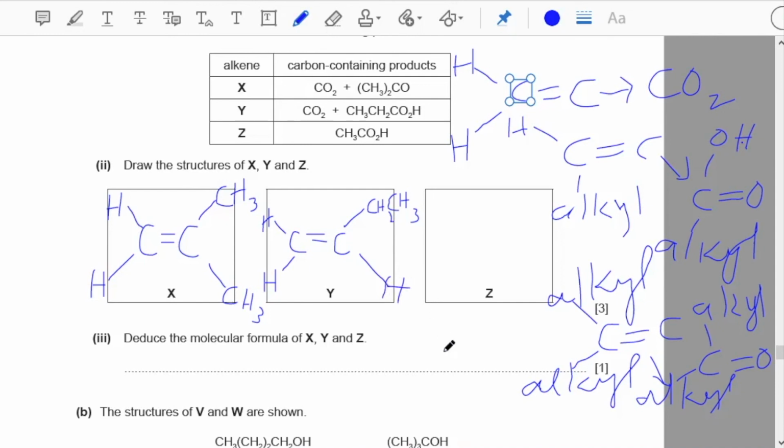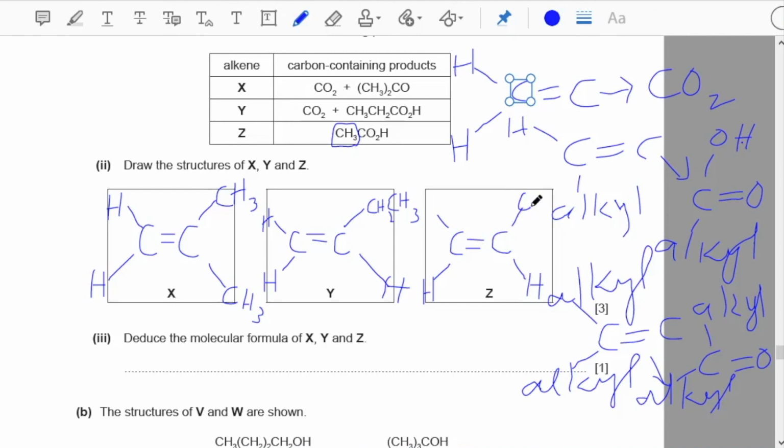Alright. Z reacts with hot KMnO4 and forms only one product, which is ethanoic acid, which means that on both ends of the carbon-to-carbon double bond, there is one hydrogen and one alkyl group bonded to it, and that alkyl group is a methyl group. So C to C double bond. When only one kind of product is forming, the same kind of structure will be on each carbon atom. It is forming only carboxylic acid, so one hydrogen over here, one hydrogen over here, and one alkyl group on each of these two carbon atoms.